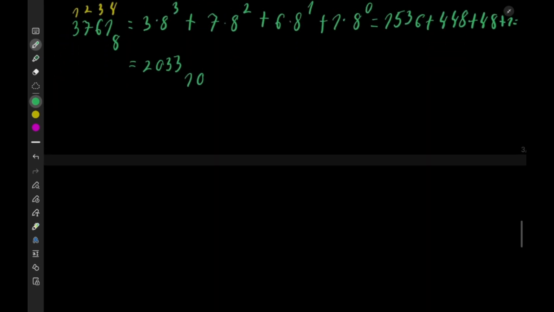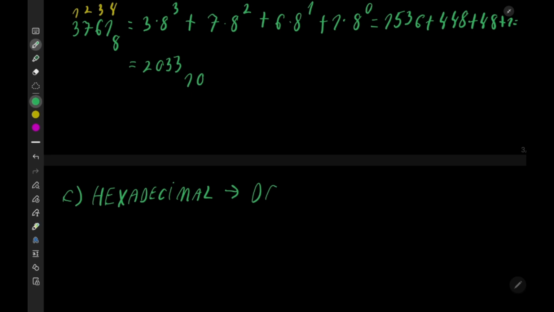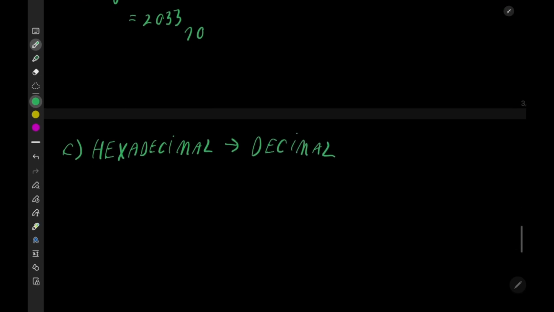And for the end of this lesson, we're going to do our last one, which is C, which is going to be the hexadecimal to decimal. And this goes with the same logic. So let's take our first 0x32a.